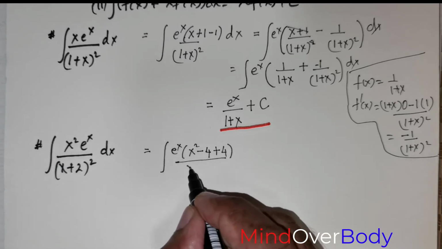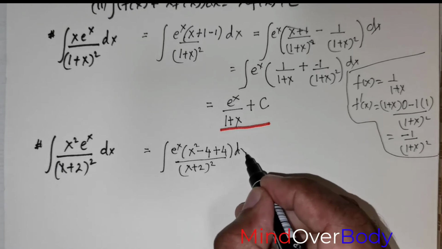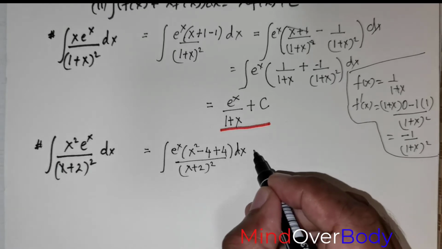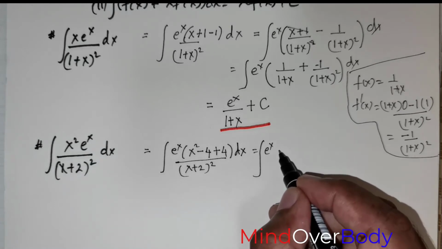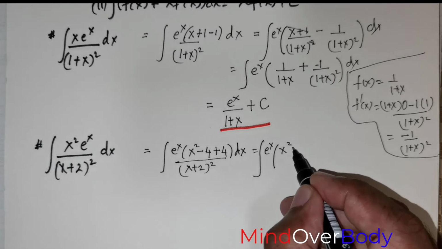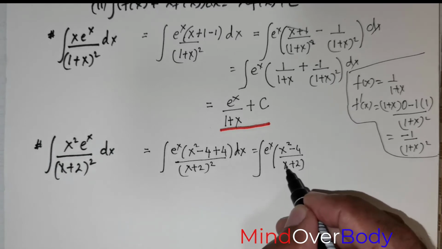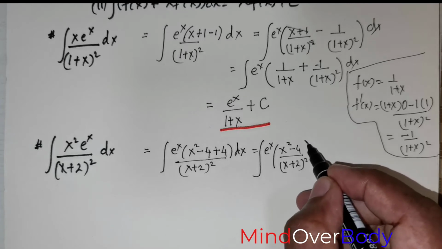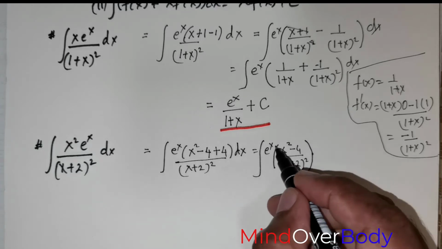So this has to be divided by (x plus 2) raised to the power of 2 with the differential operator dx. Now I would like to rewrite this as integral e raised to the power of x. I open the parenthesis. I start with x squared minus 4 as one term divided by (x plus 2) raised to the power of 2. This is one particular term, right?